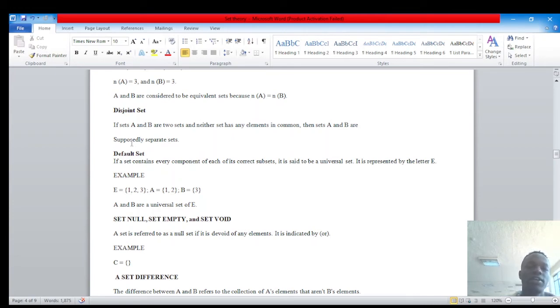So let's look at the universal set. If a set contains every component of each of its subsets, it is said to be a universal set.